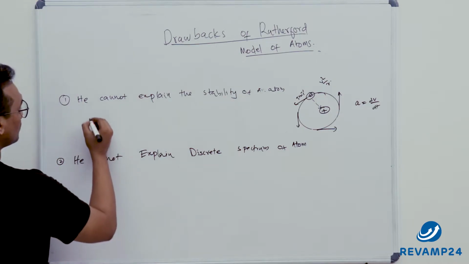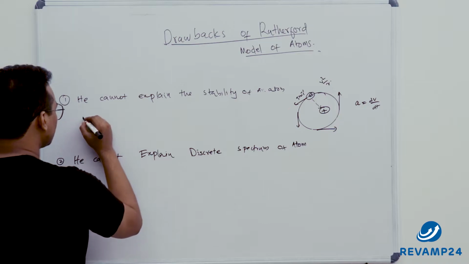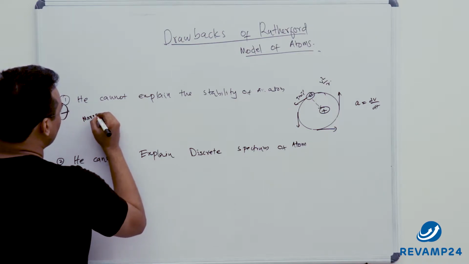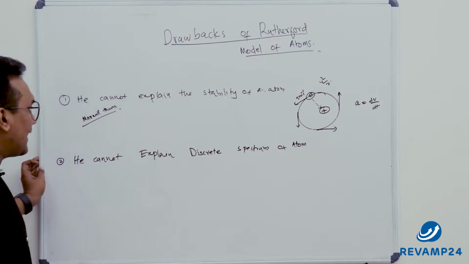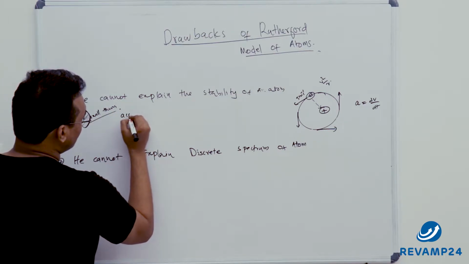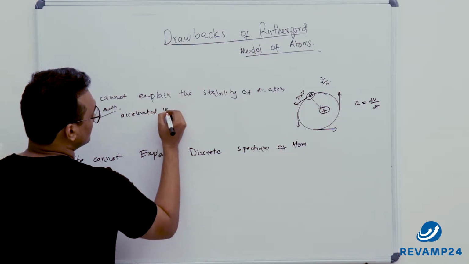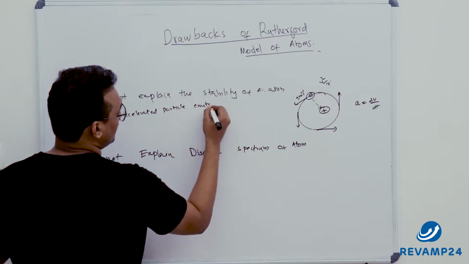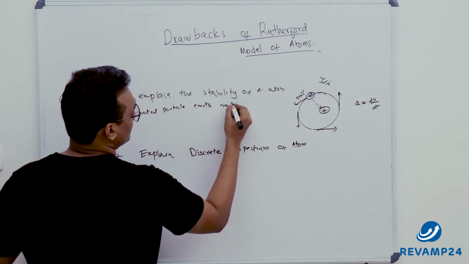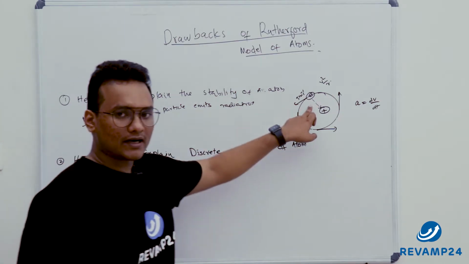According to classical electromagnetic theory, Maxwell's theory, accelerated particles emit radiation.